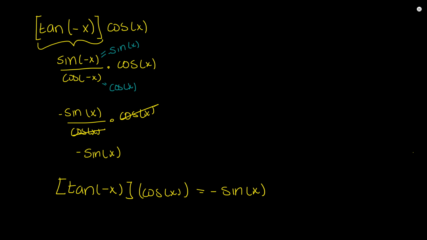So let's look at another example. Let's look at 1 minus sine of x times cosine of x minus pi over 2. This is a little bit more convoluted. First thing I'm going to take care of here is factor out a negative 1 from this piece.